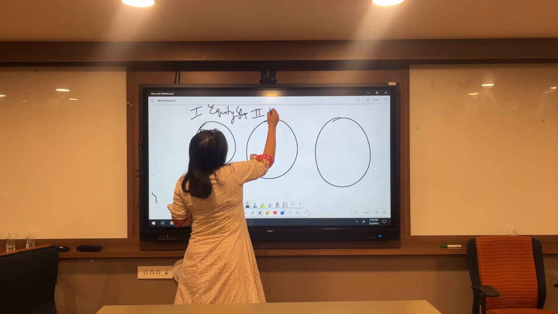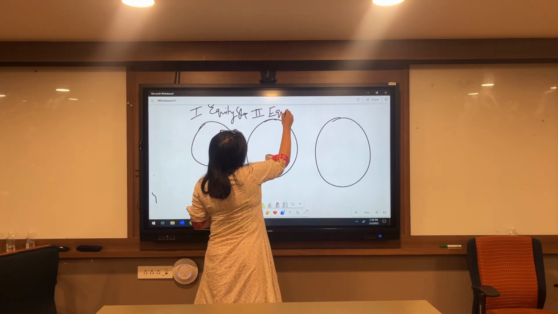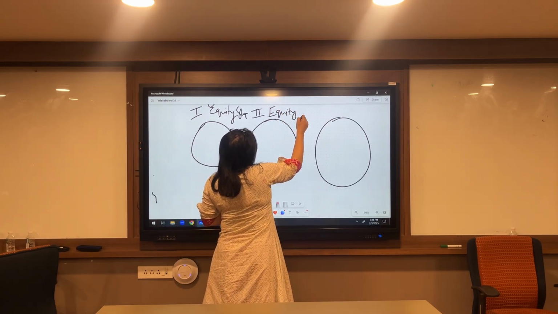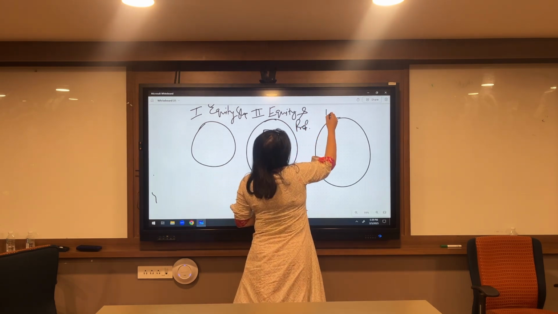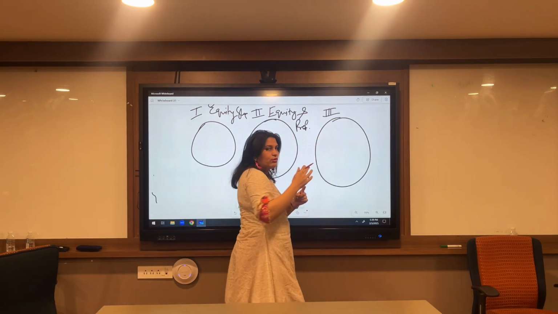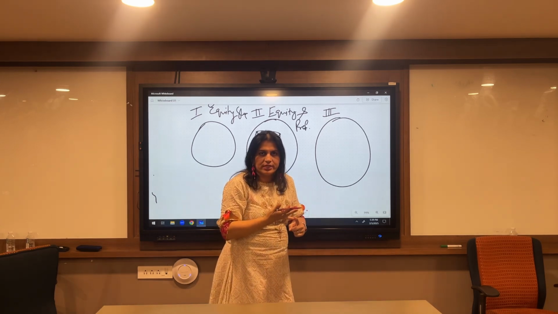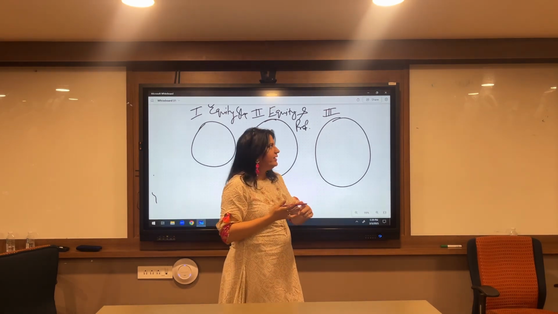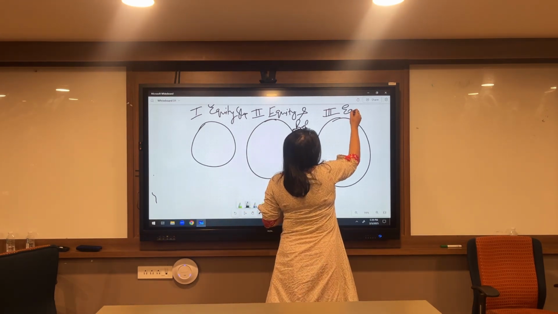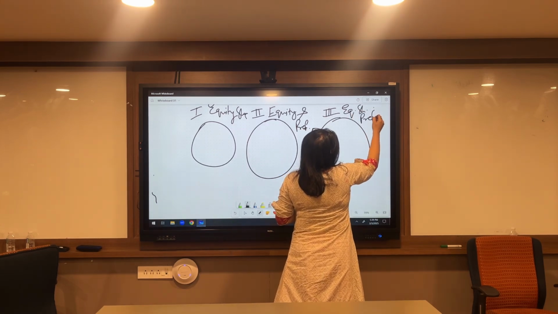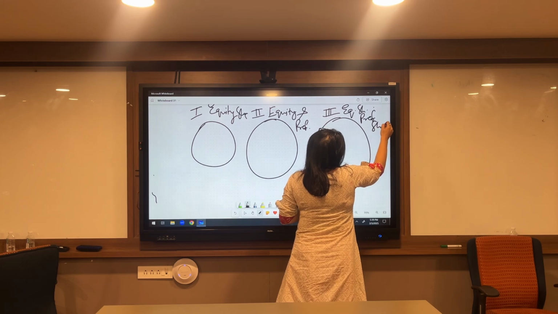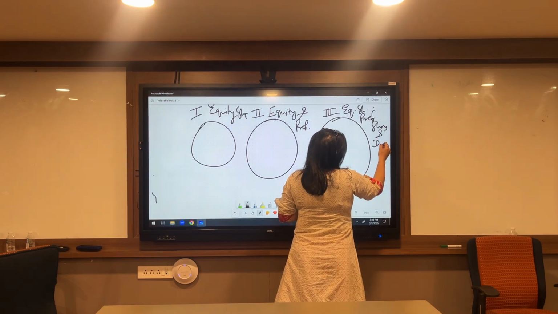Second, it has a combination of equity and preference shares. Third, it's a combination of equity shares, preference shares and debt.